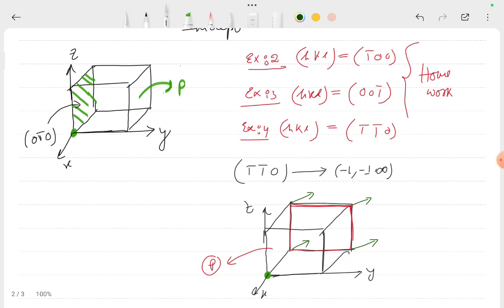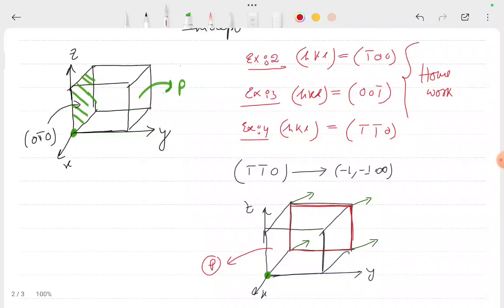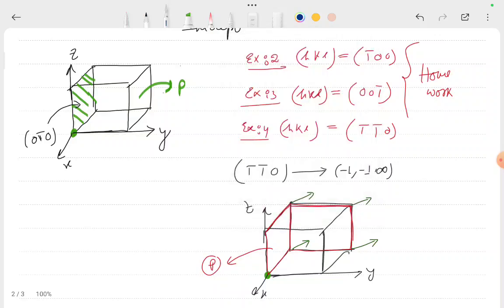We take an arrow for only the negative side of the x-axis. Next, this is the y-axis, the negative y-axis. It means this is your negative y-axis part, and at this negative side we again take an arrow along the negative y-axis direction. Okay.